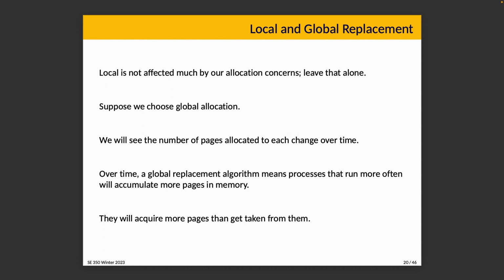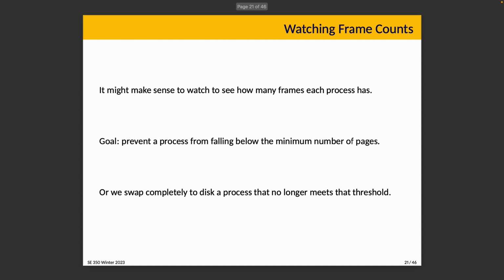And over time, a global replacement algorithm means processes that run more often will accumulate more pages in memory, because when they're running, they are taking pages from somewhere, whether they were free or from somewhere else. And so it is very likely in this scenario that they end up taking more than are taken from them, meaning these processes end up with more stuff in memory overall.